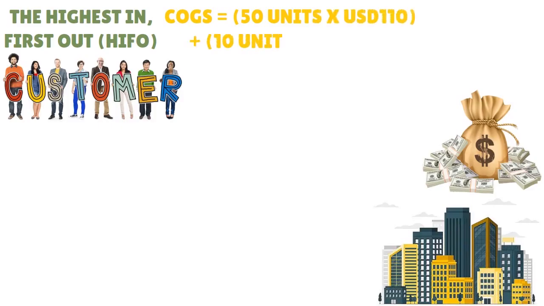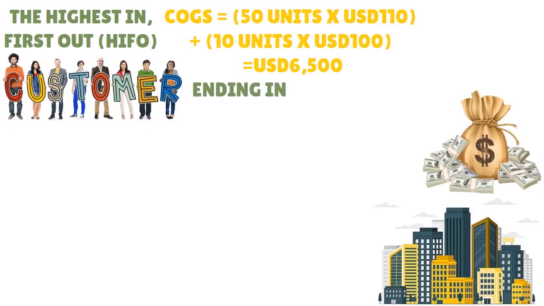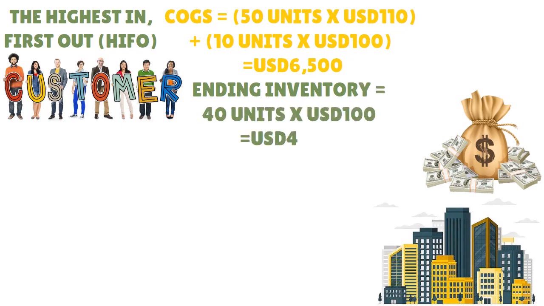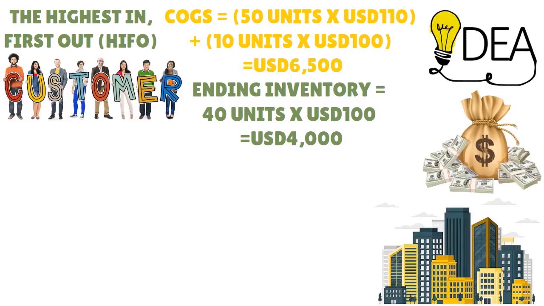Because 50 units times 110 plus 10 units times 100 equals $6,500. Ending inventory, you are looking at 40 units times 100, and that equals $4,000. By the way, I'm going to put all those things on the screen so you can illustrate the process.